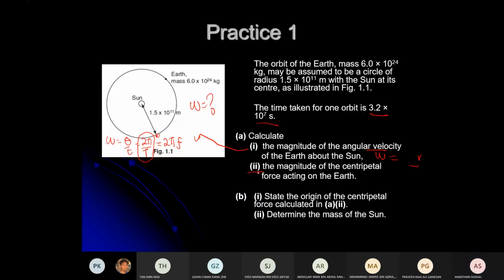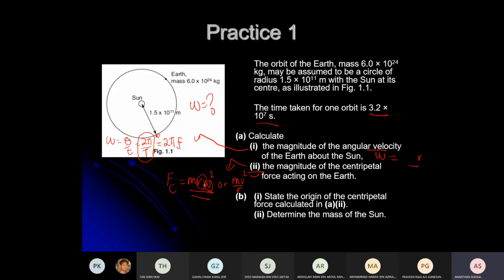Next, what formula for the magnitude of the centripetal force acting on the Earth? What formula do you use? So centripetal force, 2 formulas. Tell me what's the formula for centripetal force? m r omega squared, or another one is mv squared over r. So which formula do you use to find the centripetal force here? m r omega squared, because in A1 you know omega already.